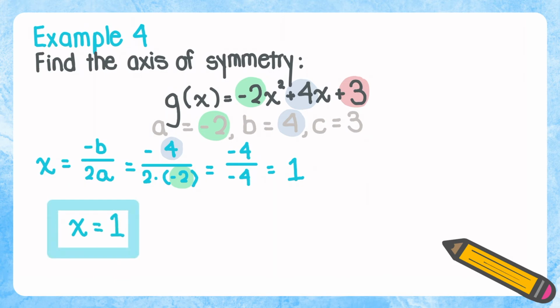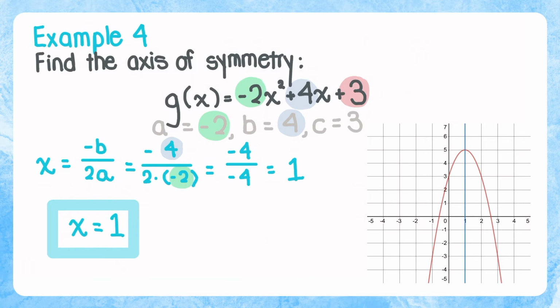This is our axis of symmetry. Be very careful about using positive and negative integers. Our graph here looks like this. So the parabola with an axis of symmetry at x equals 1.